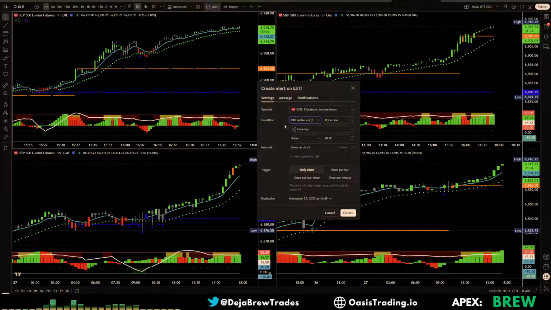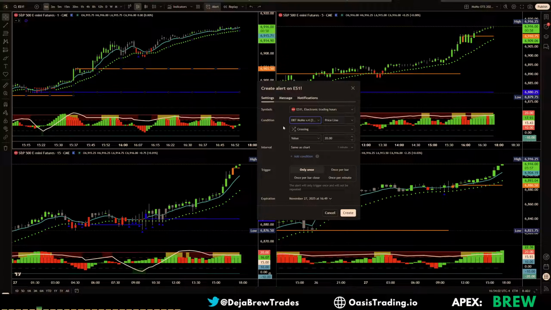Okay, so if you want to set an alert on the Momo for when the price line or the trend line, remember the price line is the histogram. It used to be a line, which is why we call it the price line. So obviously it's not actually a line anymore, it's a histogram, but the price line is the short-term momentum.